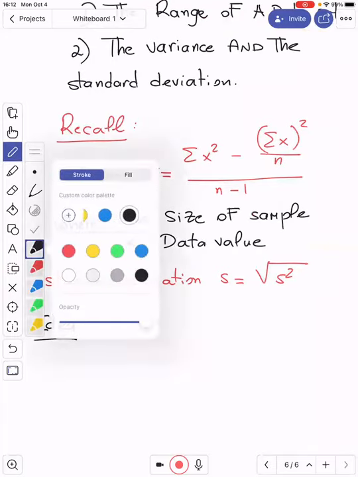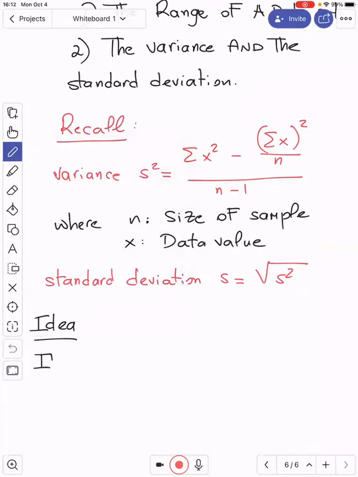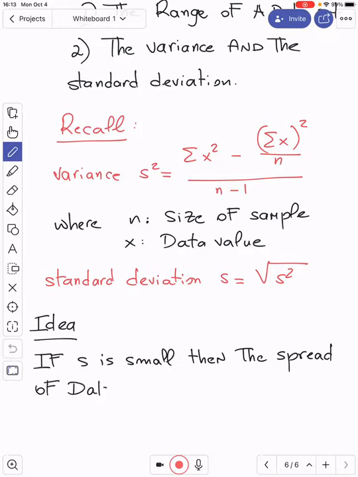If S is small, then the spread of the data values around the mean is small.